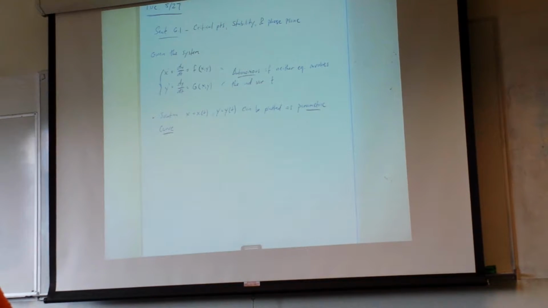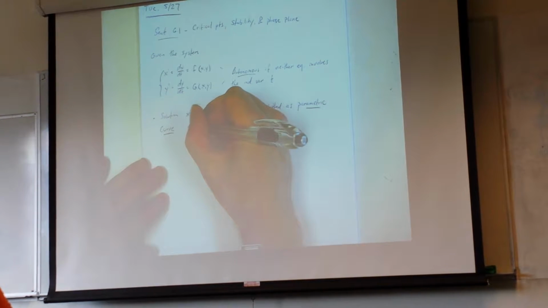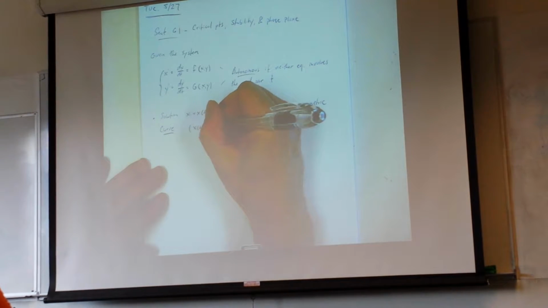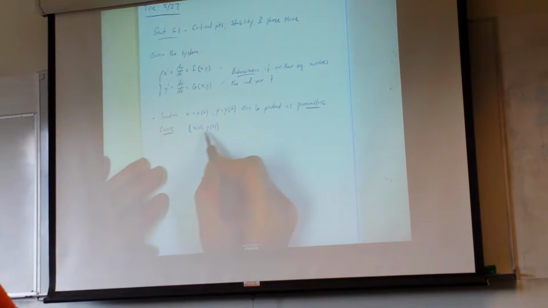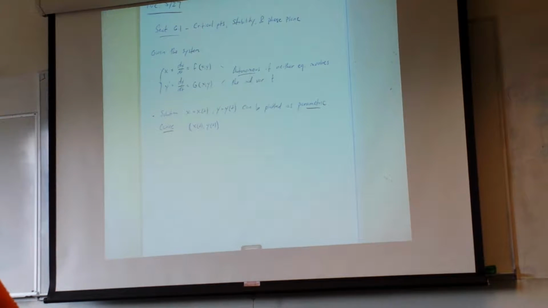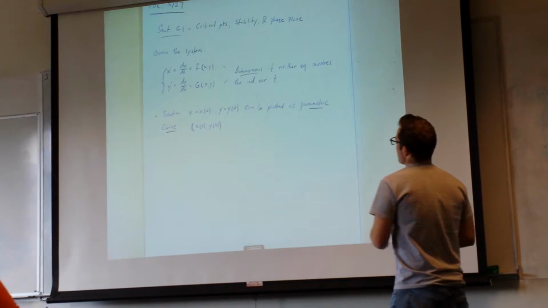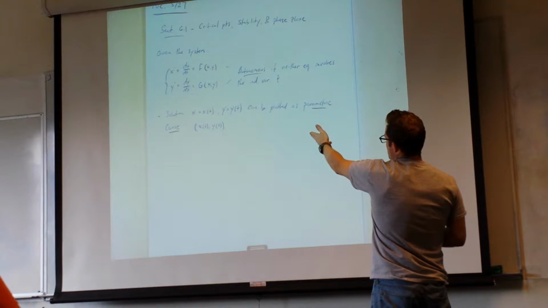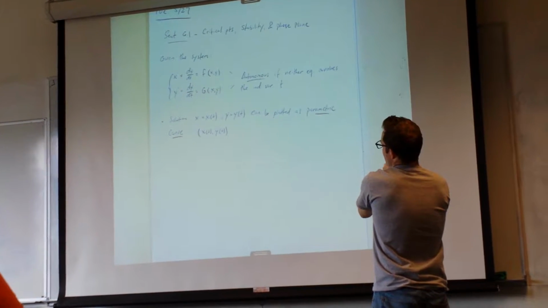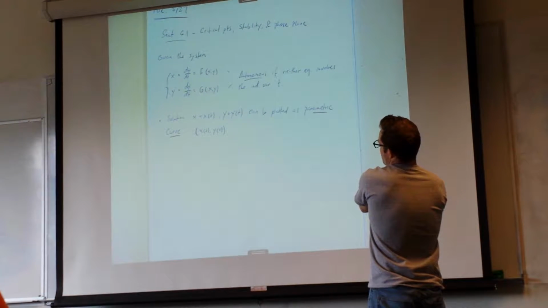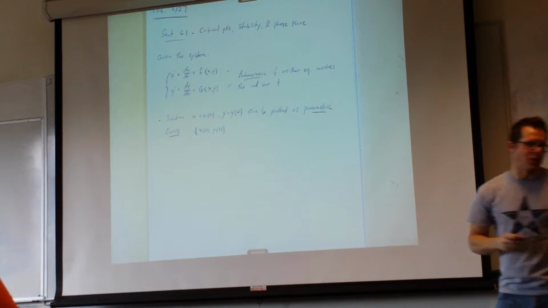Parametric curve, sometimes you've seen them like this, x of t, y of t. So each value of t gives you a point x, y in the plane. So t is called the parameter, and we can think of the solutions, if we put them together, right? Originally they came in the system. If we graph them together as both functions of a third variable t, then we have a parametric curve.